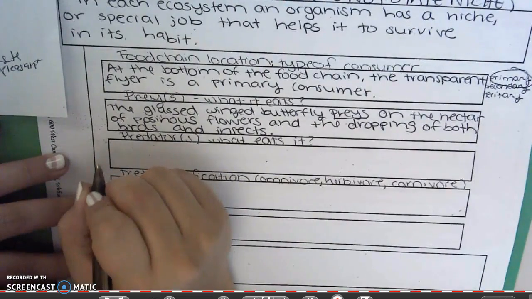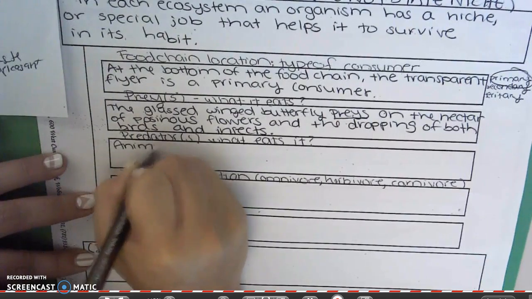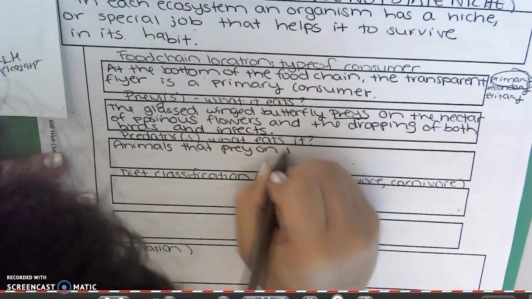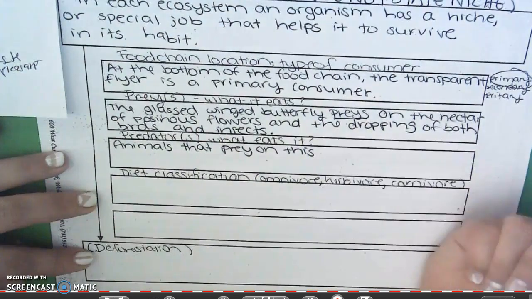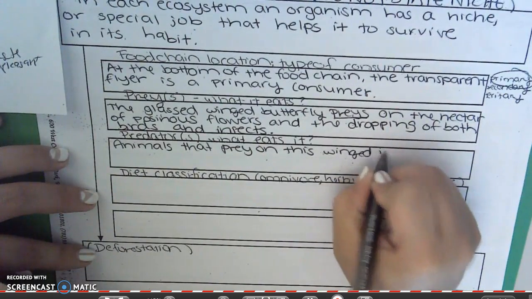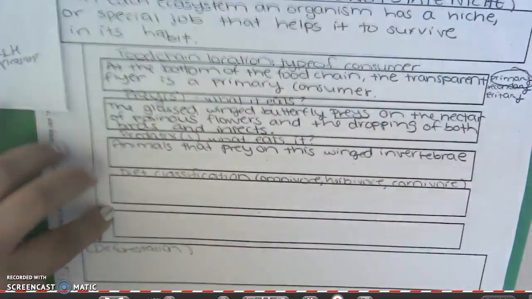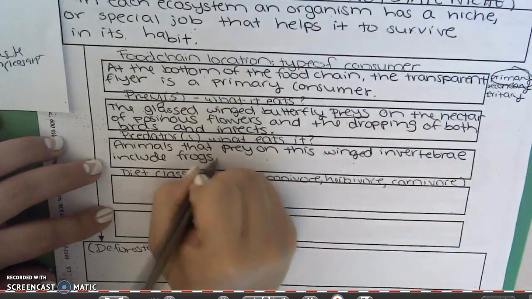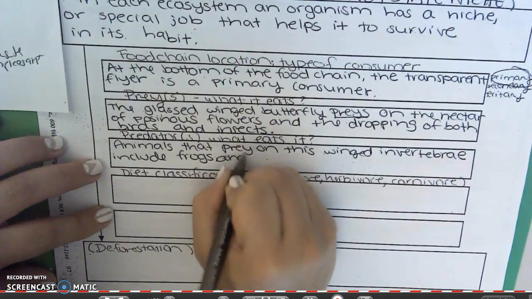So let's start it off with animals that prey on this, let's say a word referent, winged invertebrate. And this winged invertebrate include frogs, and birds.